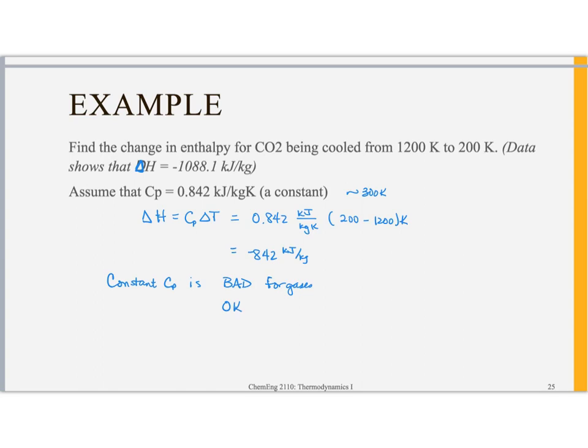It's considered okay for liquids if delta T is not too large, but generally it's not too far off as long as it's liquid throughout the entire process. And usually it's considered to be pretty good for solids. But for gases, constant C sub P is a bad idea.